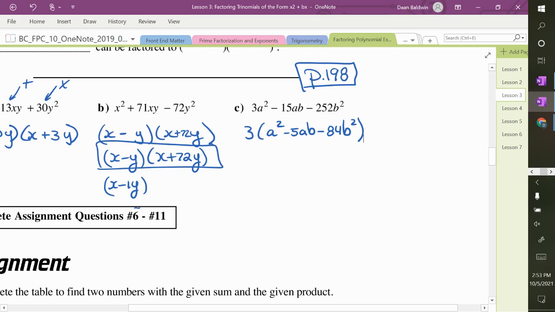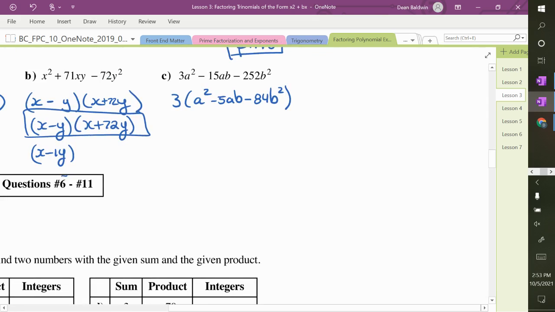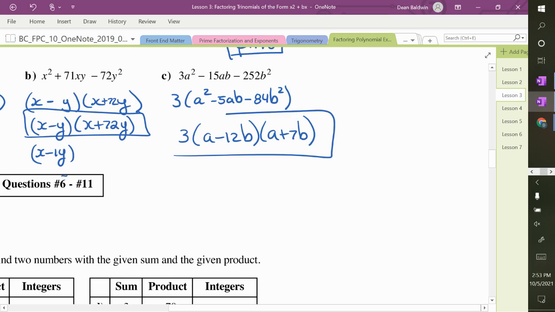What's 7 times 12? 84. So it's going to be a minus 12b, a plus 7b. Why do I have to have the b's? Because it has a b squared at the end. So if you have two variables, you just have to have a second variable on the end of the bracket. That's it. The process is identical. Are we okay?